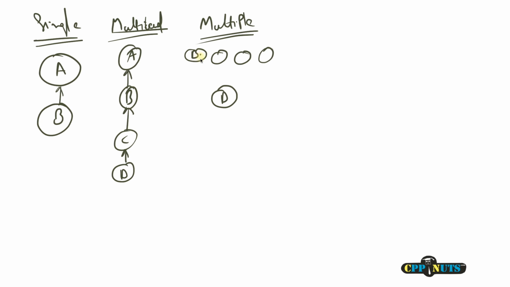So this is B1, this is B4, and you are inheriting all these classes inside your derived class. This is multiple inheritance. You are inheriting multiple base classes into a single derived class. It is very easy to remember all these things.